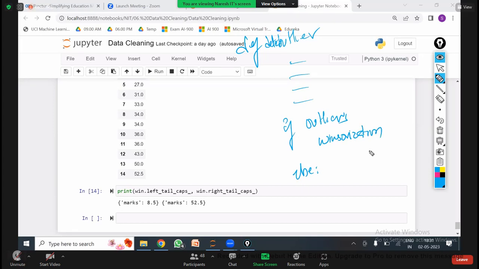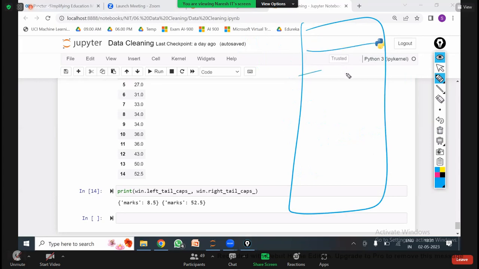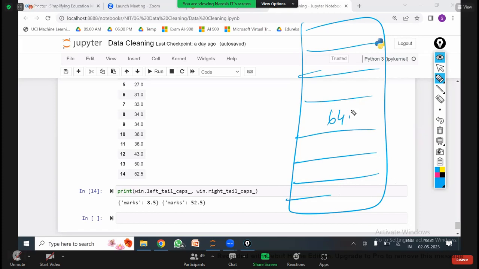But now, for example, let us assume I'm working on a car data set where I have the mileage of different cars. Around 100 records are there. Now, one of the records is 64.